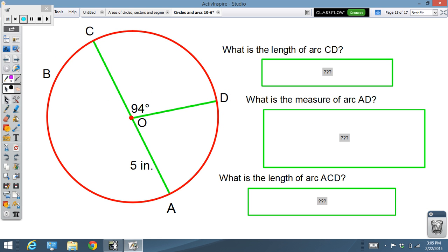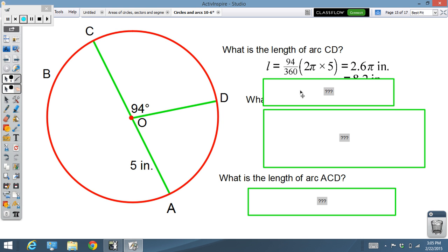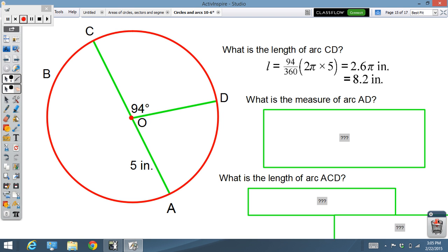So here's an example or two. Okay, the length of arc CD, well, it's 94 out of 360 times the circumference, which is 2 pi times 5, 2 pi r. And a lot of our problems ask us to leave the answer in terms of pi, so I'm going to write the answer here in terms of pi. Then I'm going to multiply 2.6 times pi to give us 8.2.